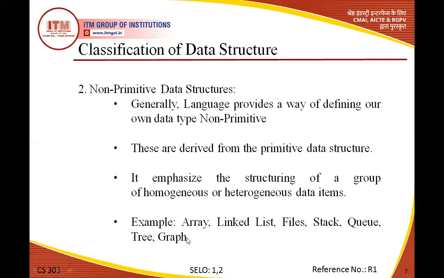Next, I will elaborate one by one on all the data structures: array, linked list, file, stack, queue, tree, graph. This unit is just a brief introduction of the data structures, and in the next unit we will elaborate one by one in detail. First array, second linked list, then stack, then queue, then tree, and at last graph.